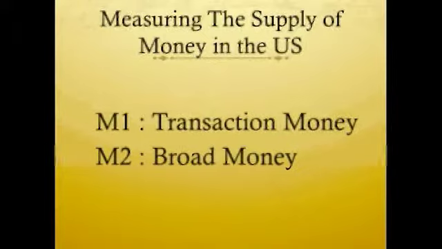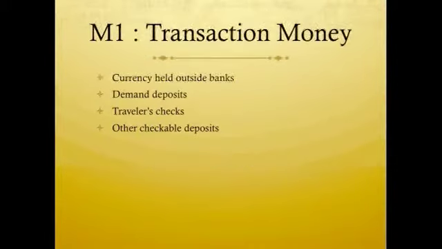To solve the problem of multiple monies, economists have given different names to different measures of money: M1 for transaction money and M2 for broad money. M1, transaction money, is money that can be directly used for transactions. It includes currency held outside banks, demand deposits, traveler's checks, and other checkable deposits.